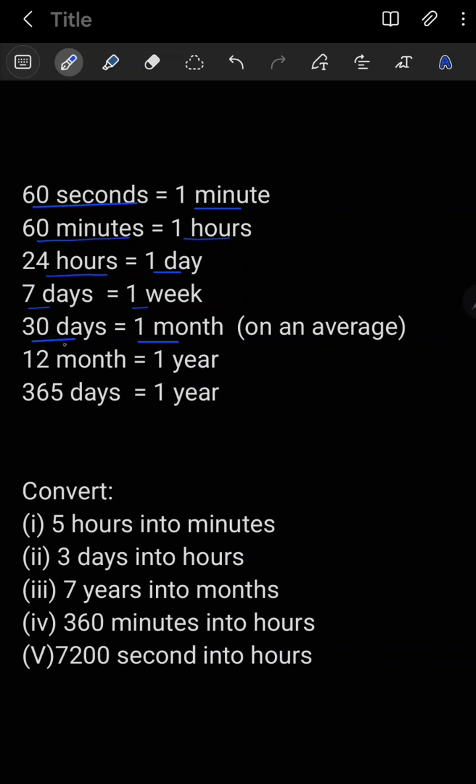So on average we take 30 days as 1 month. Next, 12 months is 1 year. Then 365 days we take as 1 year.